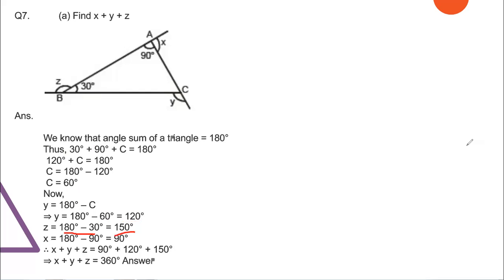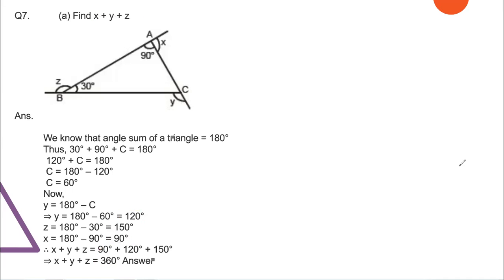Again, as I told, the value of x is 180 minus 90, which is again 90. To find x plus y plus z, you must just add up all these three values. When you add them up, you get 360 degrees. So that is your required value.